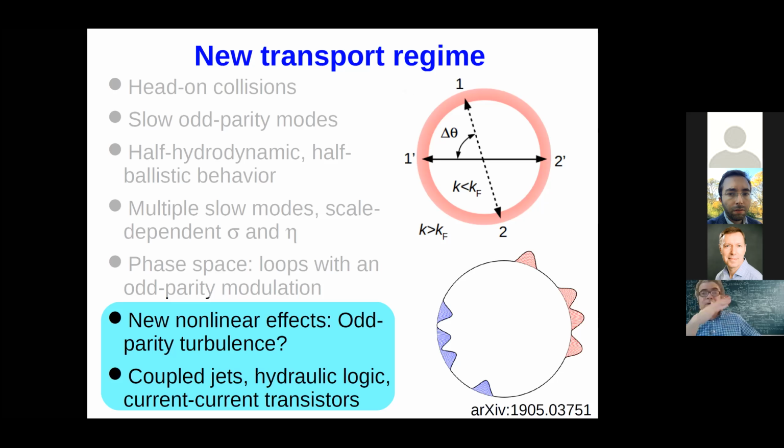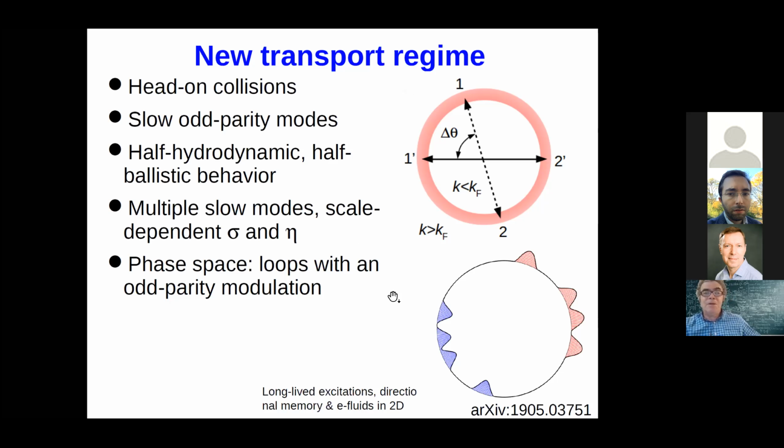I think we're not trying to reinvent the transistor. The main thing is that we have a new regime for two-dimensional Fermi liquids, and it's new and interesting, and many things are going to be discovered in that new regime.